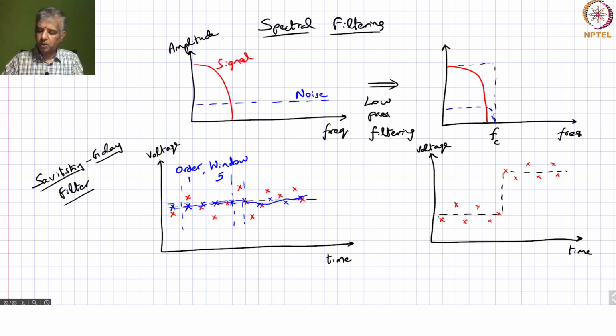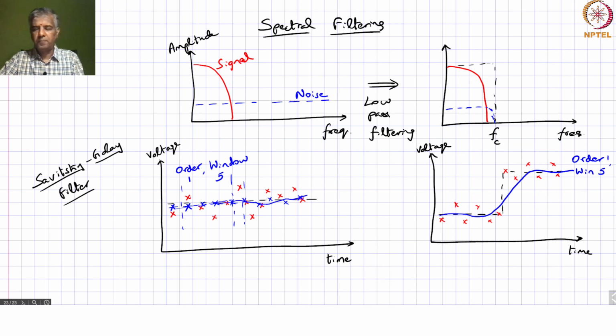If you do an order 1 window 5 type of thing, it might look like this, but it might smoothen over here and then look like this. So this is for order 1 window 5. In such a scenario you are losing some information over here, so you want to preserve that information.